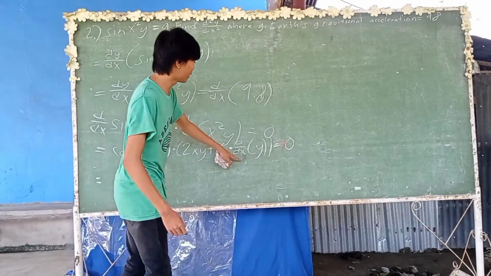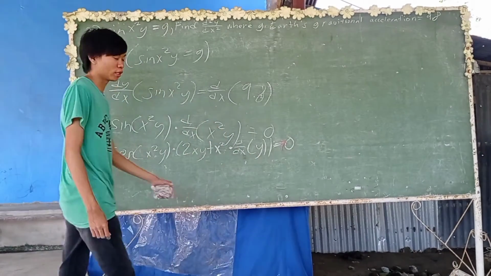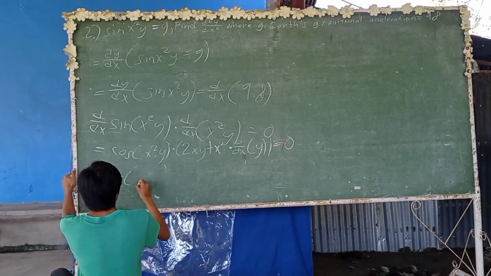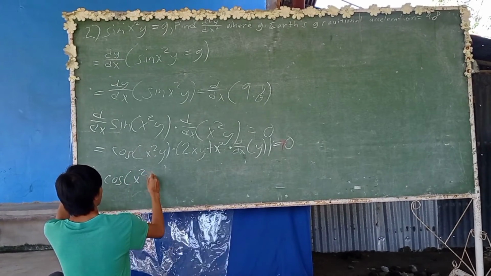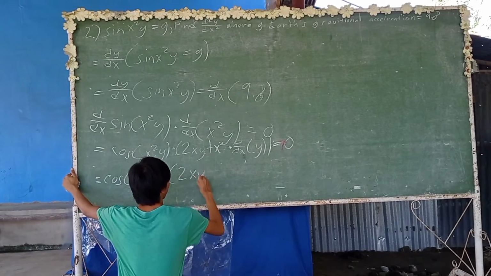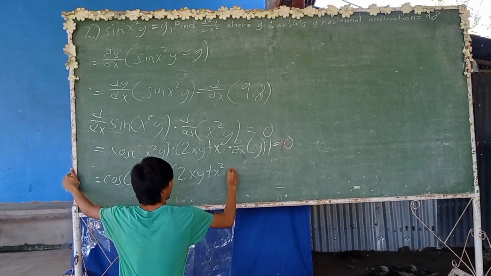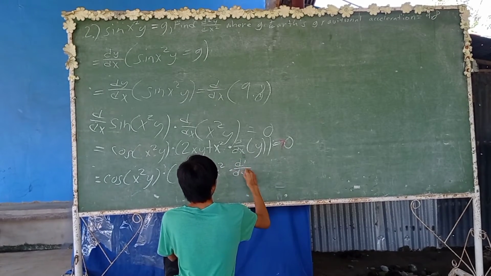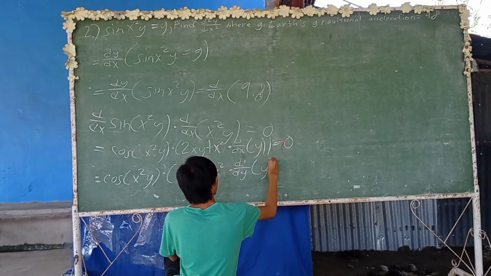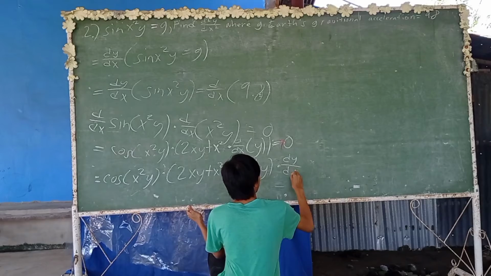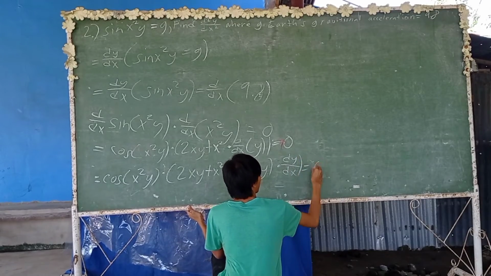To find the derivative of y, we use the chain rule. So cos of x squared y times 2xy plus x squared times d over dy of y times dy over dx is equal to 0.